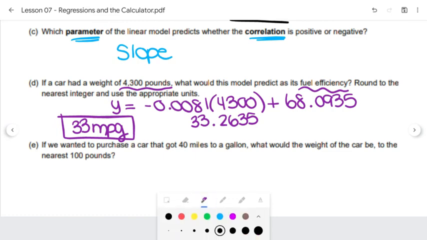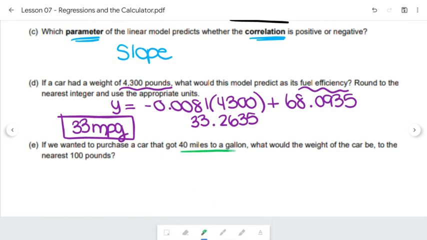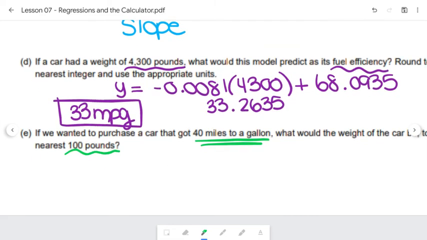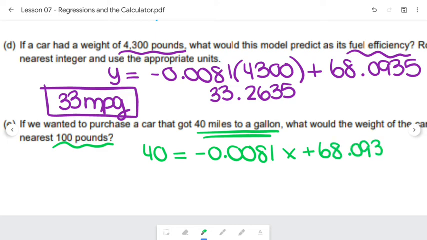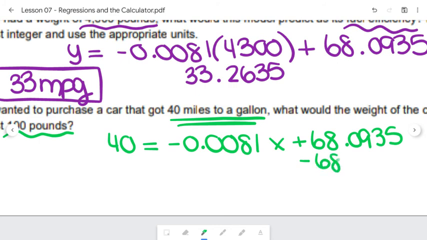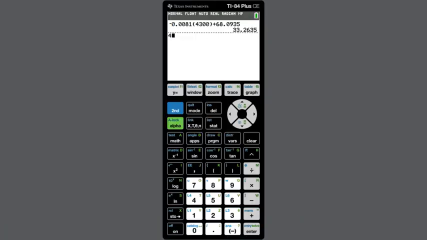If we wanted to purchase a car that got 40 miles to the gallon, what would the weight of the car be? It's the nearest 100 pounds. So this time we'd be plugging in to y, because we just think about which part of the equation this is. So I'm going to subtract the y-intercept from both sides first. I'm going to let the calculator do the work for us there. 40 subtract 68.0935.